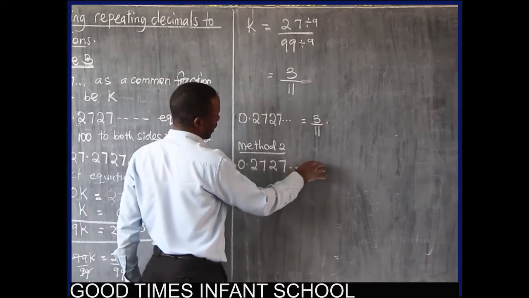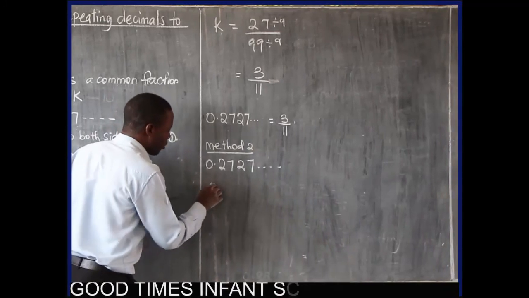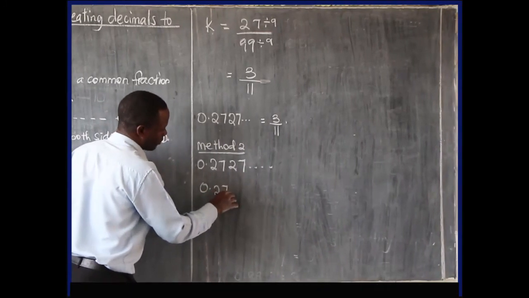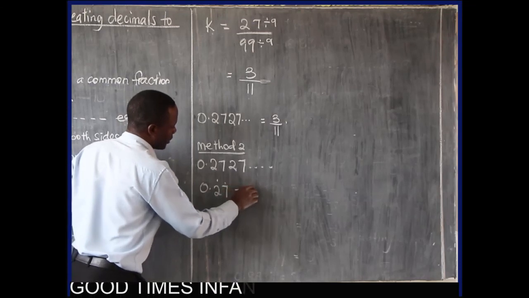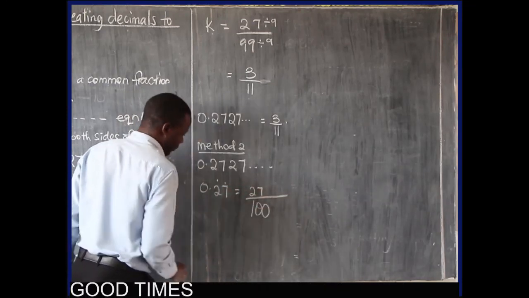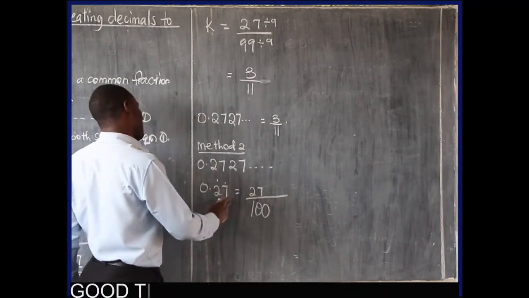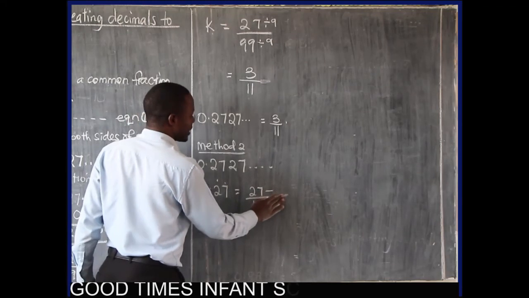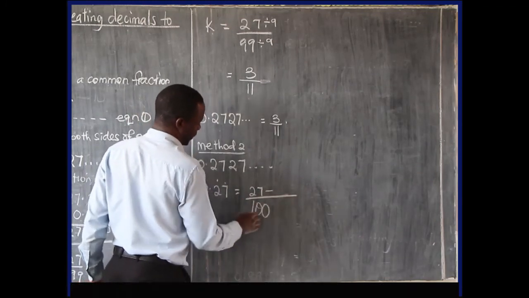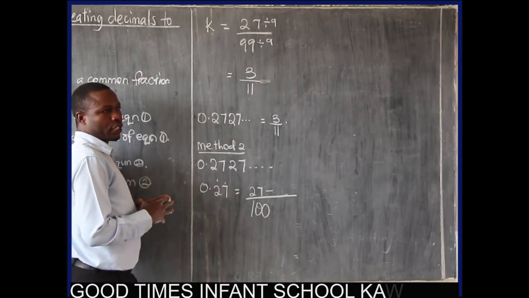Now 0.2727 recurring. This is 0.27 original. So it will be 0.27 recurring. This is 2700. Consider the last place value. Don't consider this, consider the place value. Minus the digit which is not repeating.